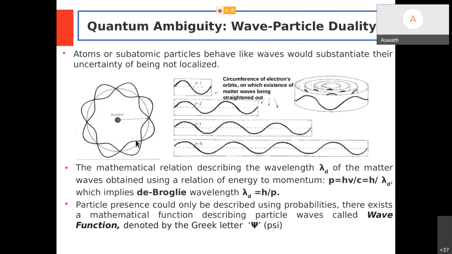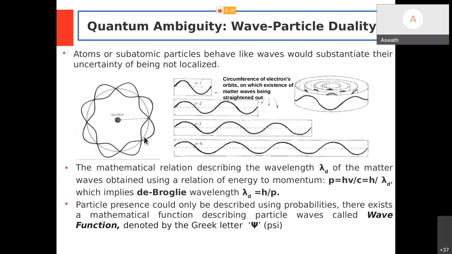What is that wave? Suppose I just draw a wave on the orbit, right? Okay, it would look like this. And there is one more wave in exactly opposite phase, right? So basically what I'm trying to do is put a standing wave pattern on this circular orbit.